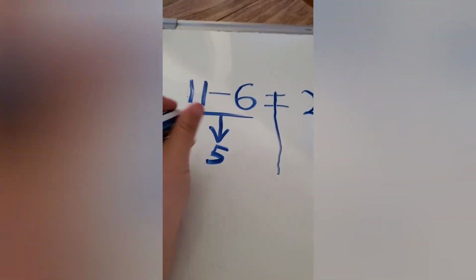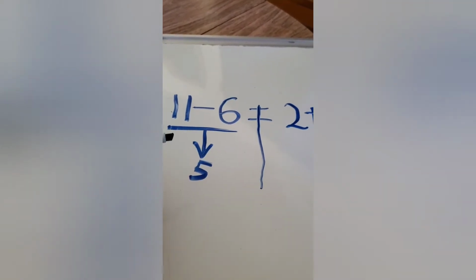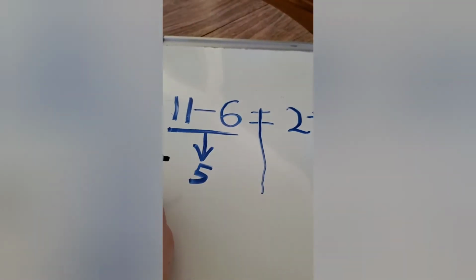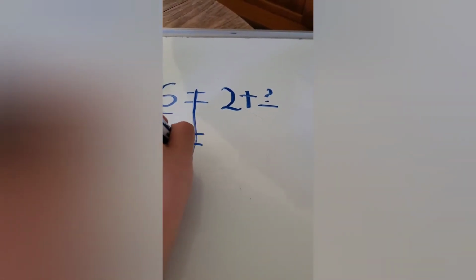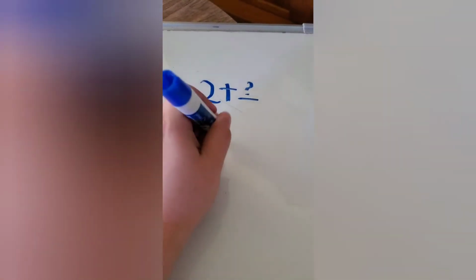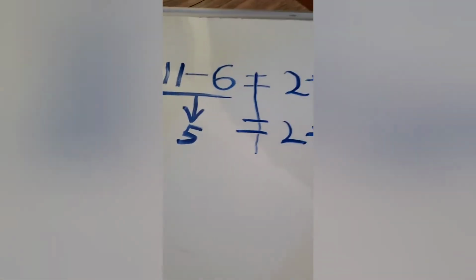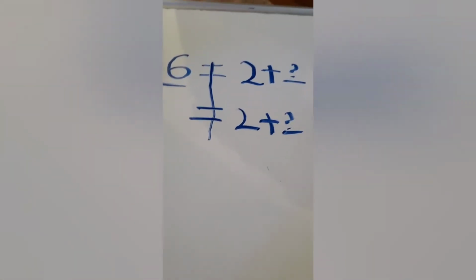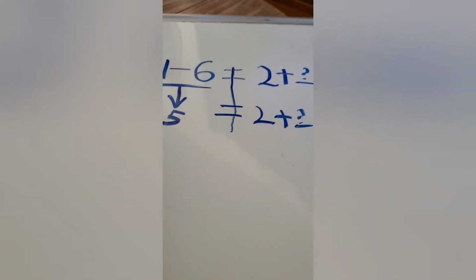Did you guys get that? Make sure you're writing it just like how I am. Okay? So, it's 5. And so I need to put the equal sign, because 2 plus question mark equals 5. Right? So, that's super easy.